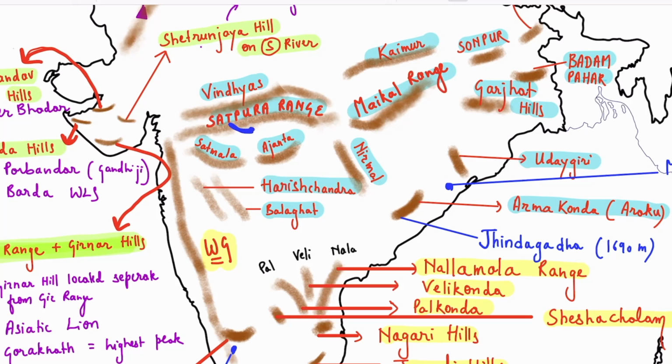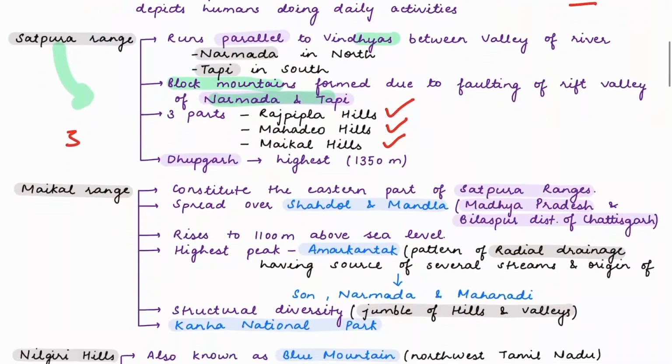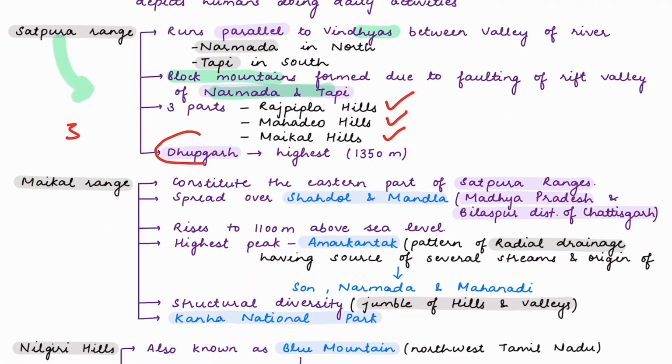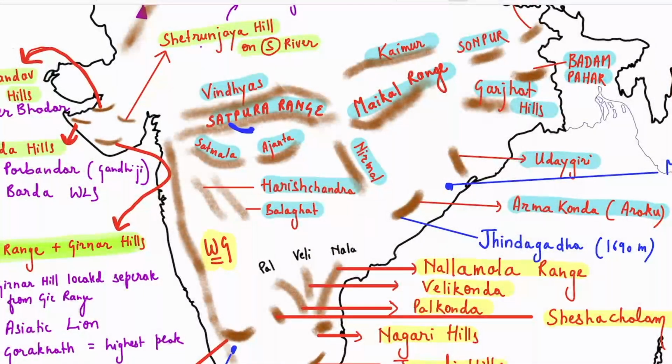A little bit here we have the Rajpipla Hills. The highest peak of Satpura is Dhupgarh, with a height of 1350 meters. Then the next range is the Maikal range.